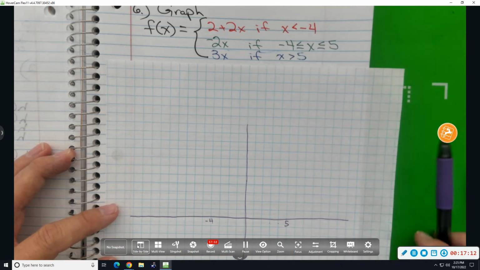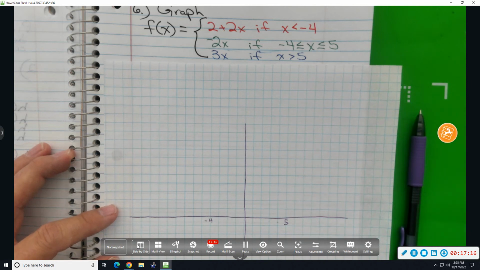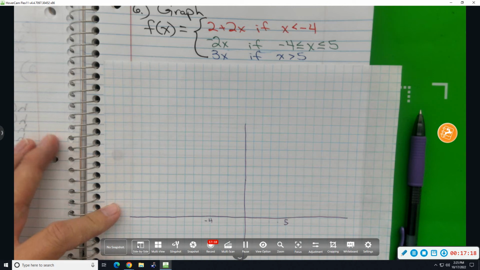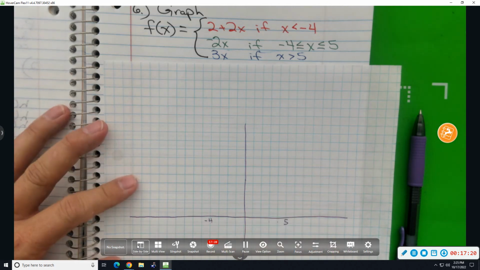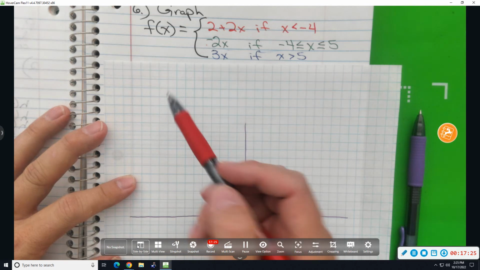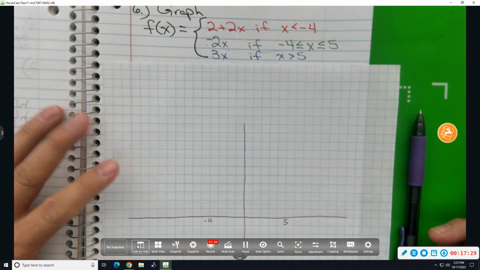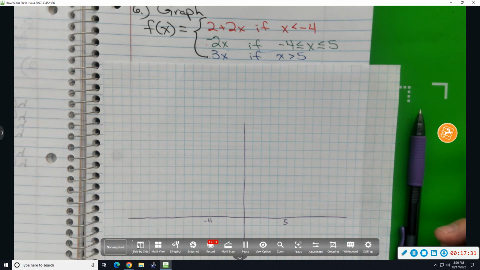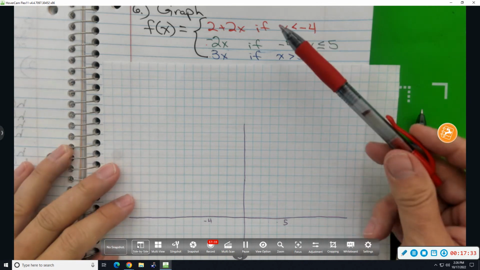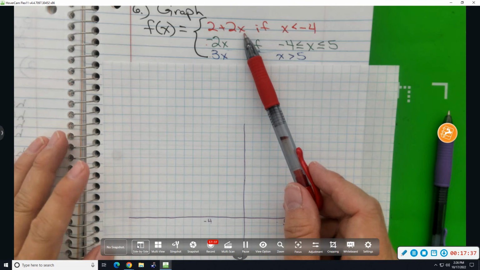We're going to plot points, as I said, but we're going to plot the points intelligently. We're not just going to randomly start choosing numbers to plug in. Y equals 2 plus 2x. Y equals -2x. And y equals 3x. If we were just going to graph those things, what would we expect? We sure wouldn't expect to get a parabola, because a parabola doesn't just have an x, it has to have what?